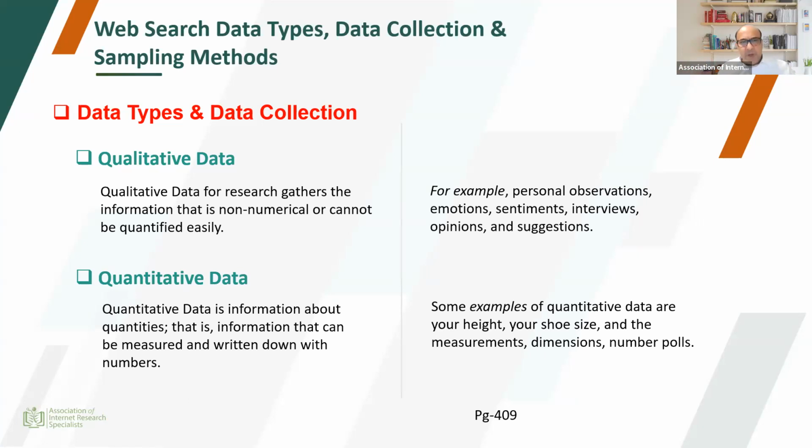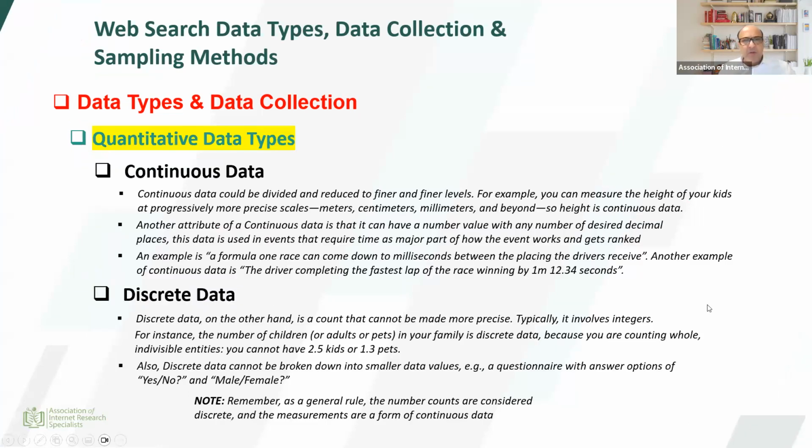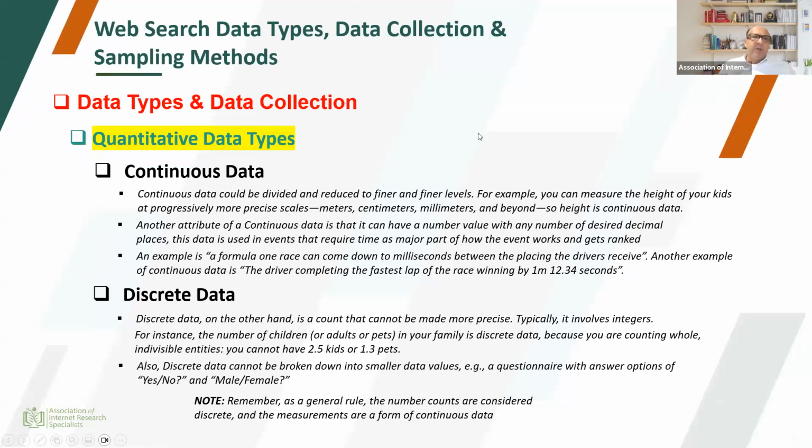So, compared to qualitative, quantitative analysis and the way of collecting information may not require as much sophistication. If we move to the next slide, we'll talk about the types of quantitative data and types of qualitative data.